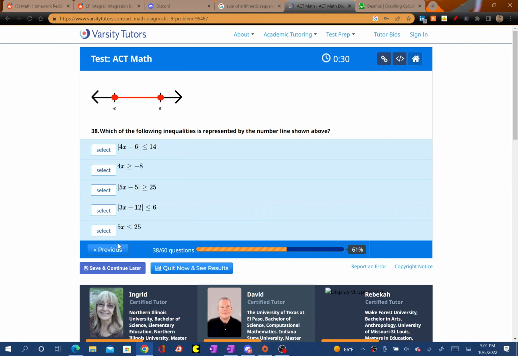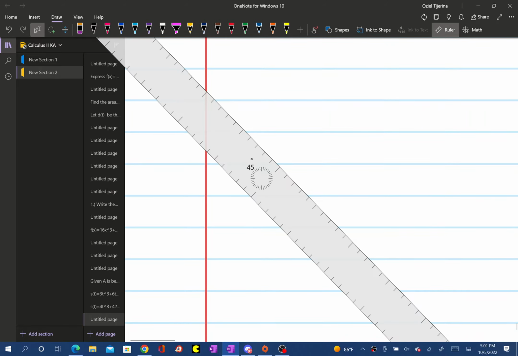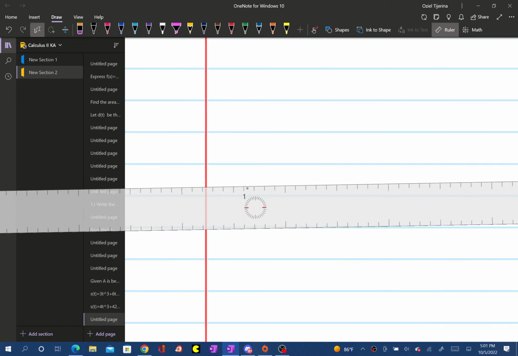It can't be the second one either. So that leaves us with the first one, the third one, and the one after that. That leaves us with 3 answer choices. So let me just draw a number line over here.